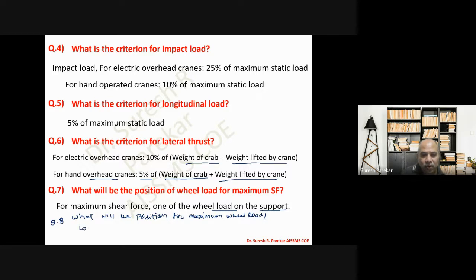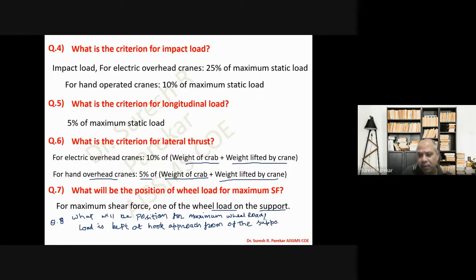The load is kept at hook approach, from one of the girder, or from one of the support.